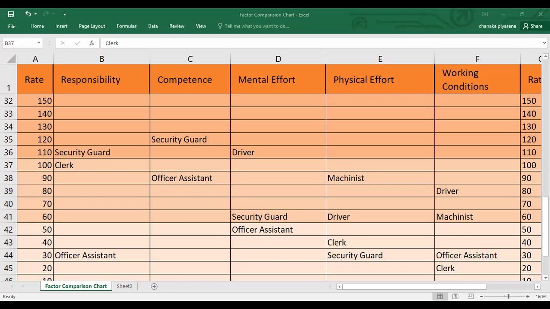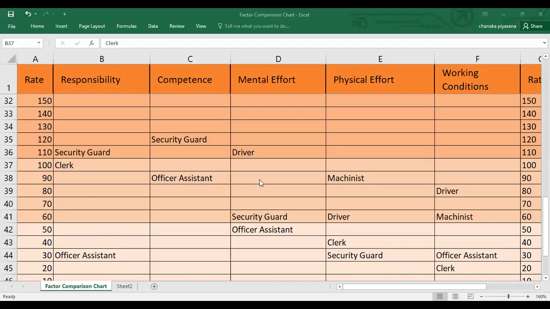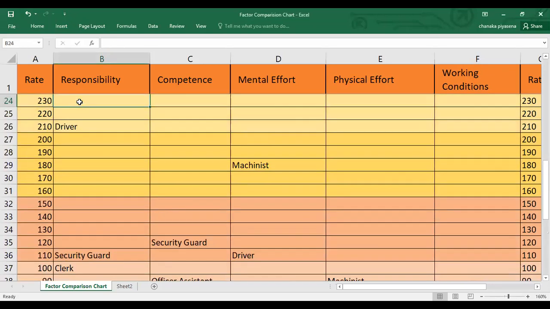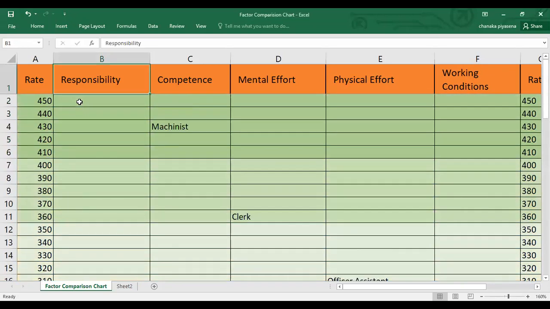Likewise, we can place each and every job on this chart that is called factor comparison chart.